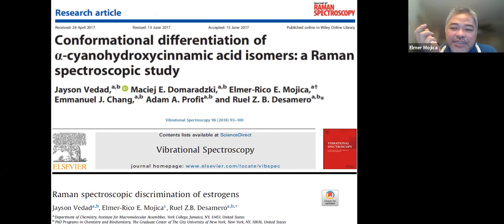Although Raman is the main instrument that we use, we also use NMR. And we also did some quantitative determination of estrogens using Raman.